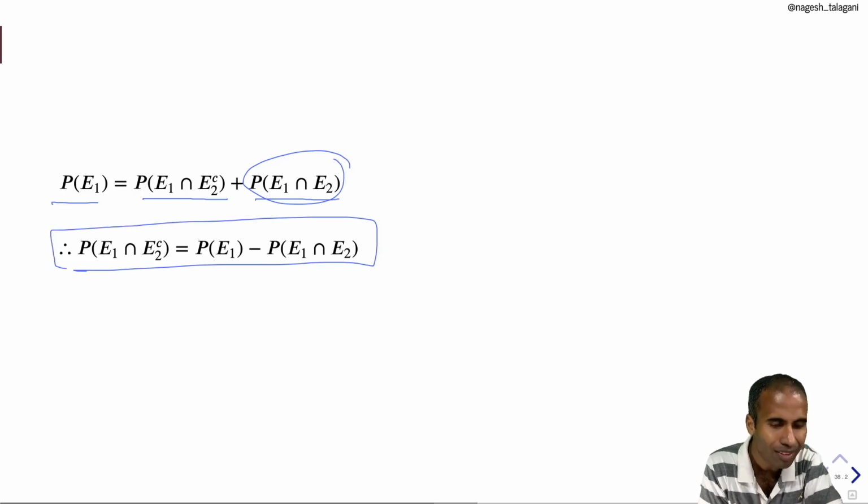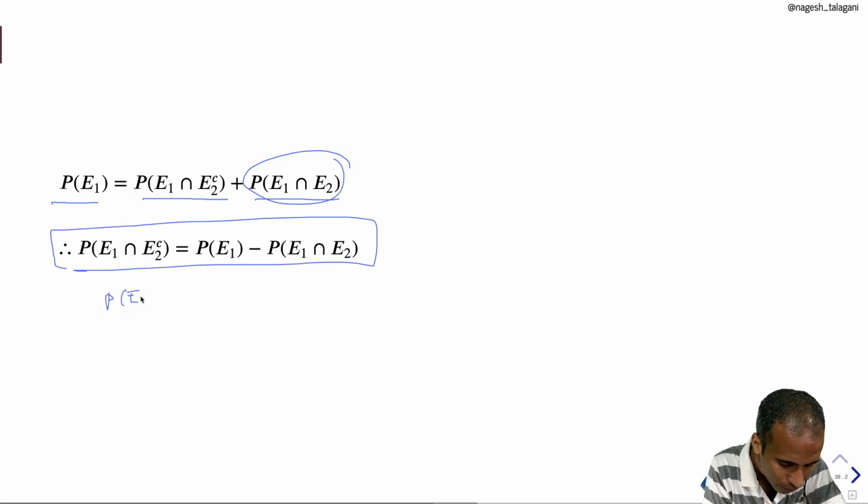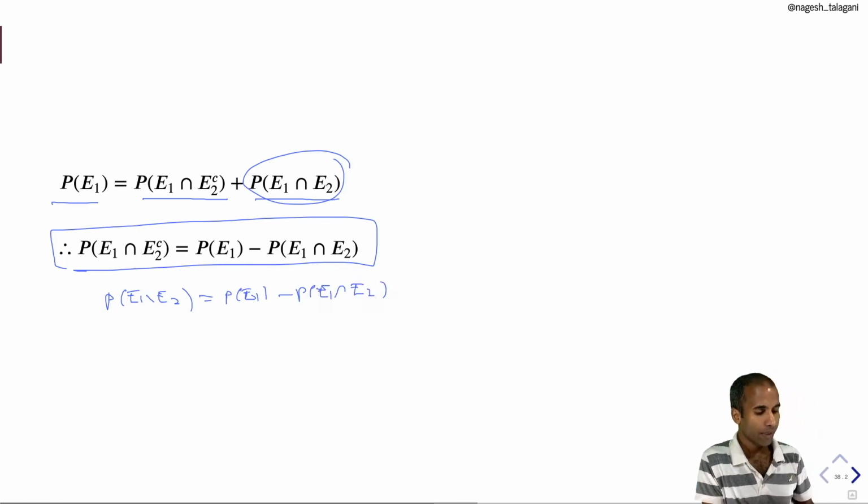Okay, this is the result. You can also write like this: probability of E1 minus E2 equal to probability of E1 minus probability of E1 intersection E2. Okay, fine. This is the result.